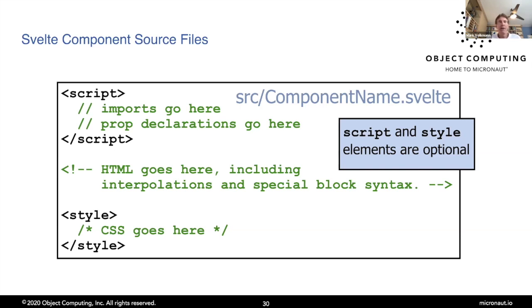So whatever I say there, it's only styling for this component. There's a way I can break out of that to specify global styles, but usually I would put that in that global CSS file. And notice that the script section and the style section are optional. So that means that a valid Svelte component could just be, say, a div tag that says hello world, a single line, and that's a valid component. Next slide.